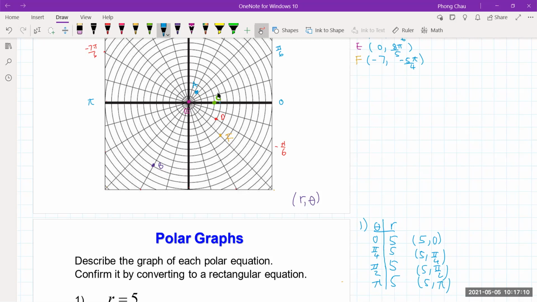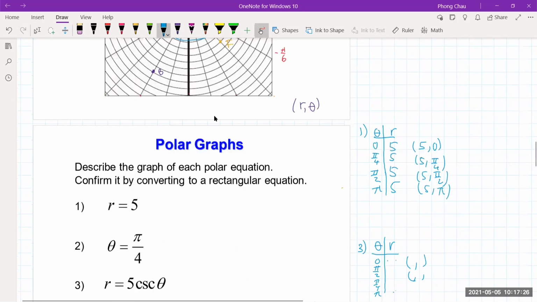At this angle, you have 5. This angle is a 5. So you see that when you connect all of them, what do you see? You actually end up with a circle. So the graph of r equals 5 turned out just to be a circle. Where's the center? Well, at the pole. And what's the radius? Well, obviously the radius r is 5, right?